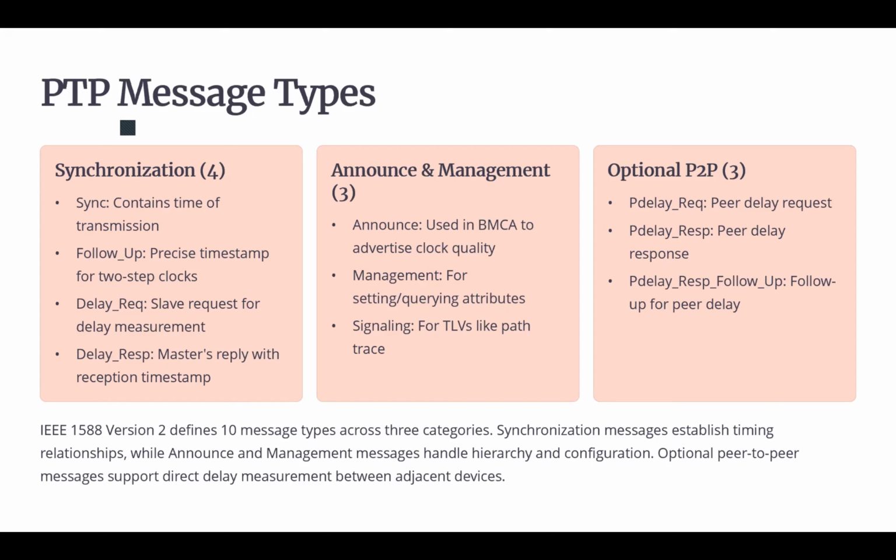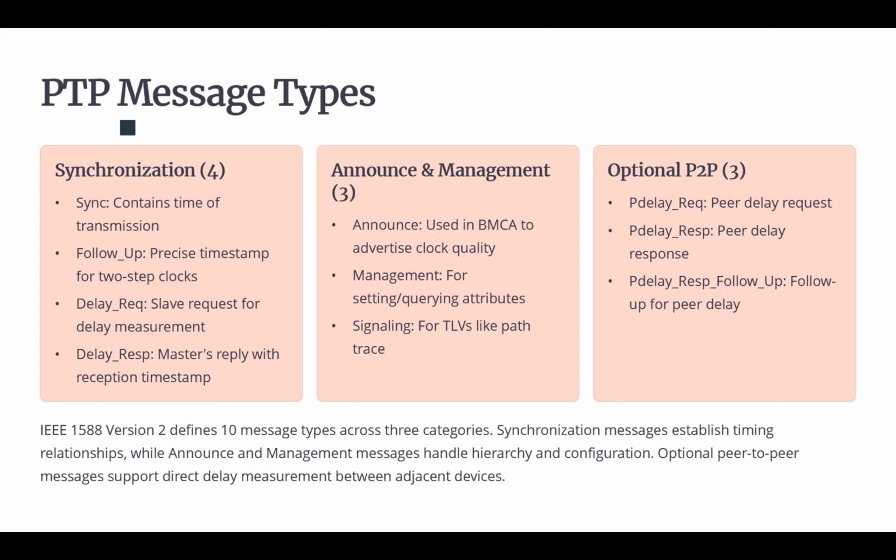And we also have the signaling message, which carries extra information for specialized features, and helps with path tracing or unicast negotiation when we have it in our system. It's like sending extra notes between the devices that say, here's an alternative path, or let's switch to a private communication. This is how the devices talk to each other to improve and optimize their PTP process.